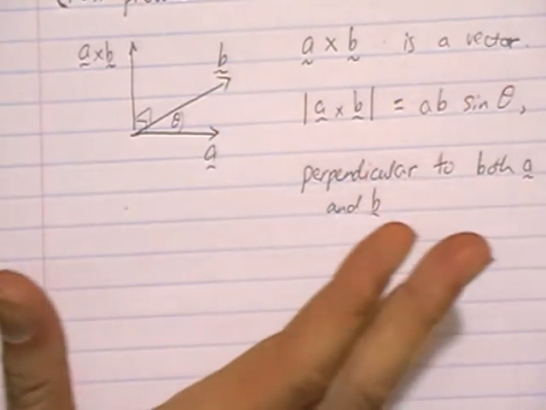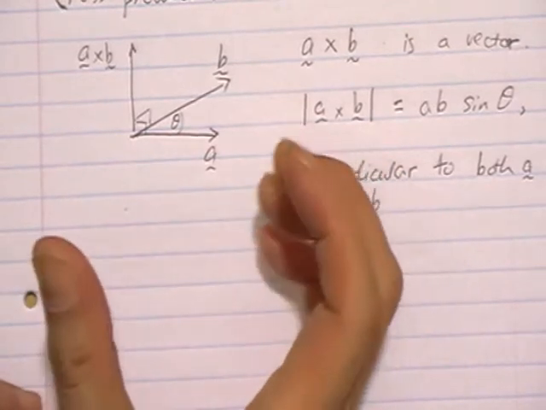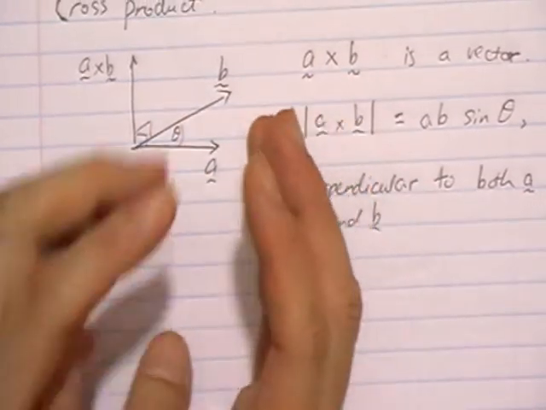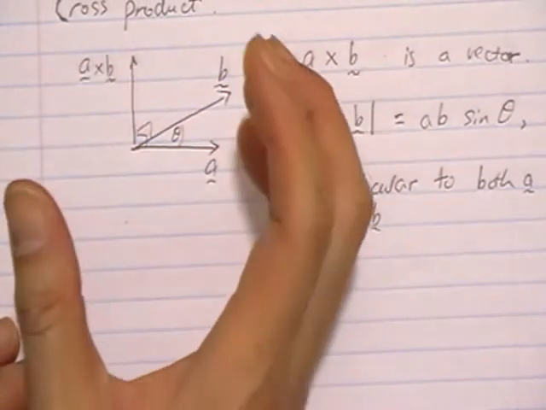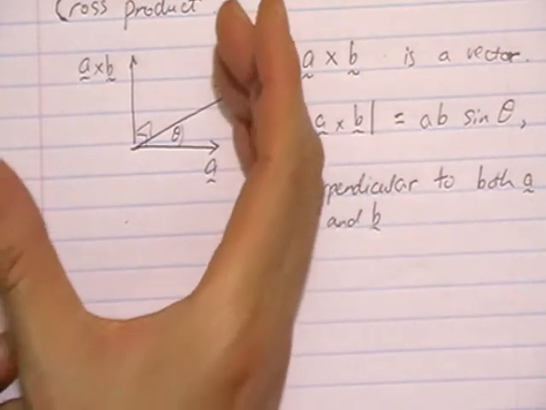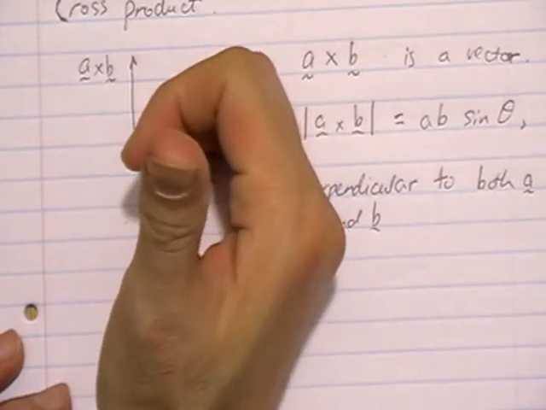Then you hold out your right hand and you curl the four fingers. You curl it around in the direction that A rotates towards B, and then you stick out your thumb in the perpendicular direction.